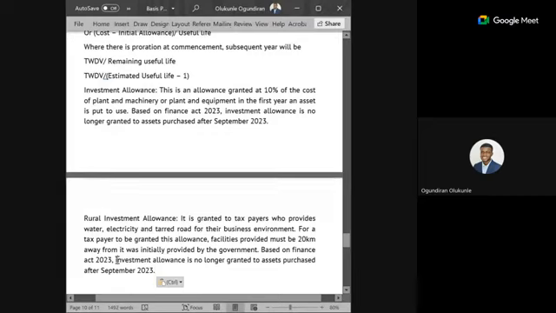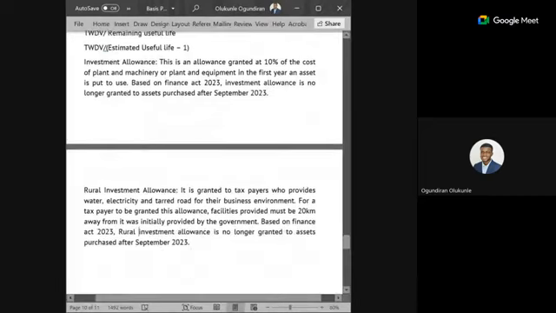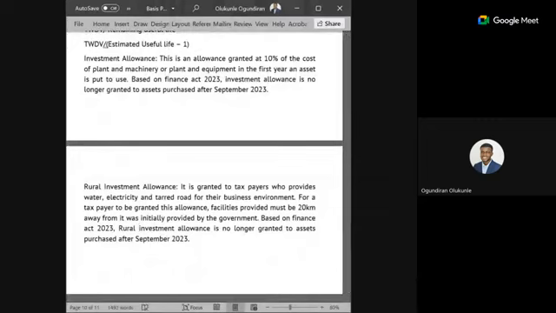All right, so let's now move to conditions for granting allowances.